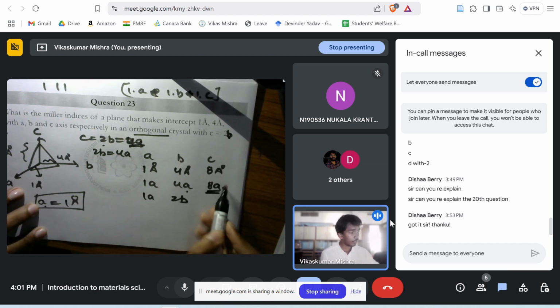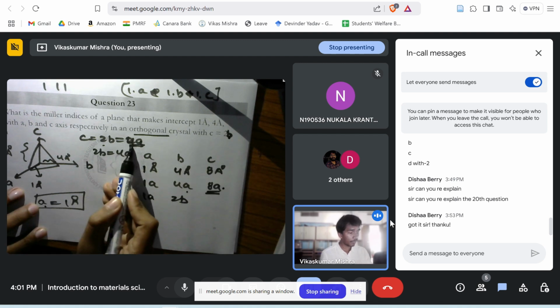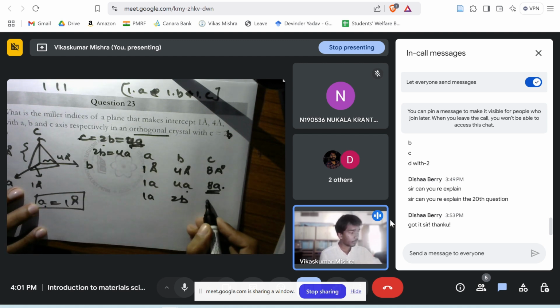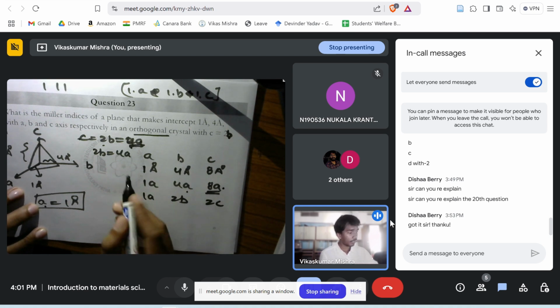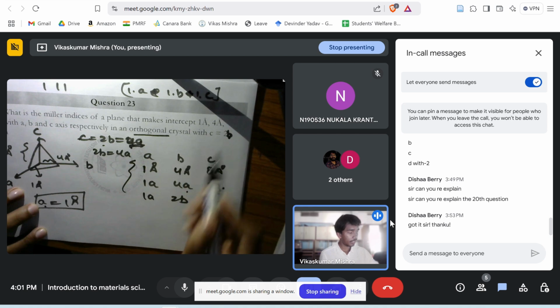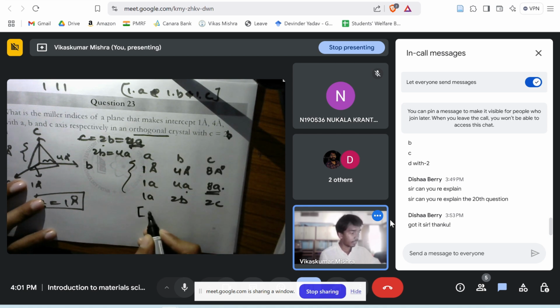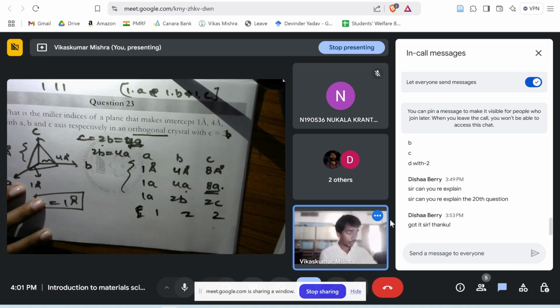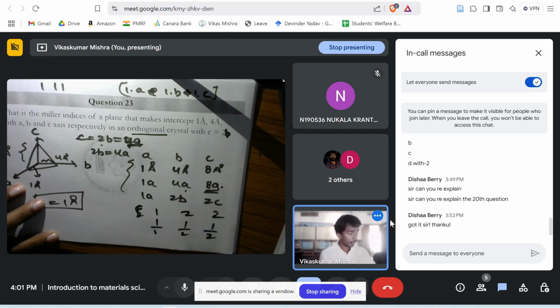We have to represent 8 of A in terms of C. So 4 of A is equal to C, so 8 of A will be equal to 2 times of C. Right? So now we represented this intercept in terms of A, B and C. So now we can write the Miller indices, as again it's a plane. So we got 1, 2 and 2. Now we have to take the reciprocal, 1 upon 1, 1 over 2, 1 over 2. We got this.